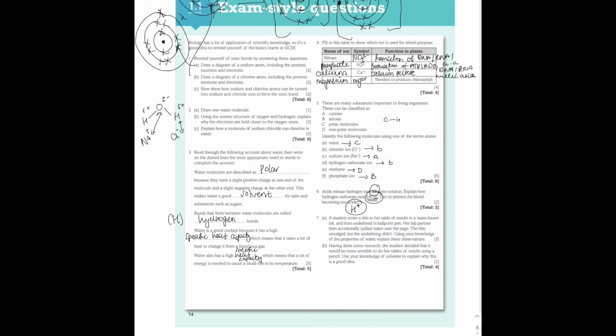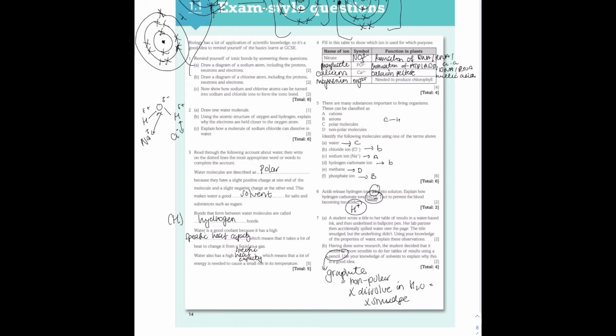Having done some research, the student decided that it would be more sensible to do her tables of results using a pencil. Use your knowledge of solvents to explain why this is a good idea. Okay, well, you know that pencil is graphite, something you've learnt in GCSEs. And so graphite is non-polar because it's only carbon. And so because it is a non-polar substance, it will not dissolve in water, and so it won't smudge.